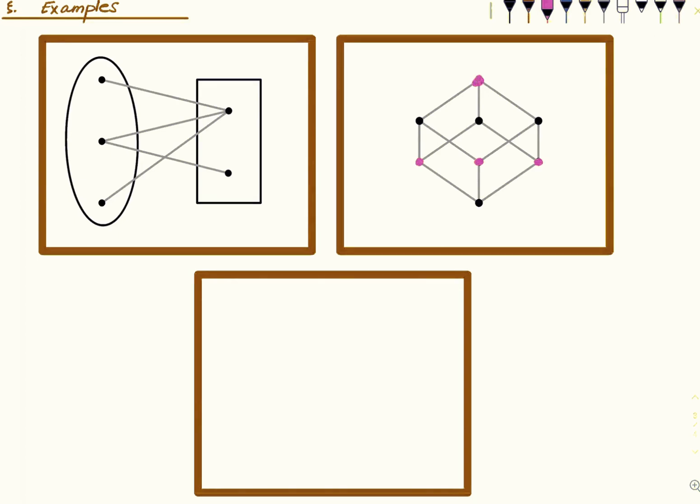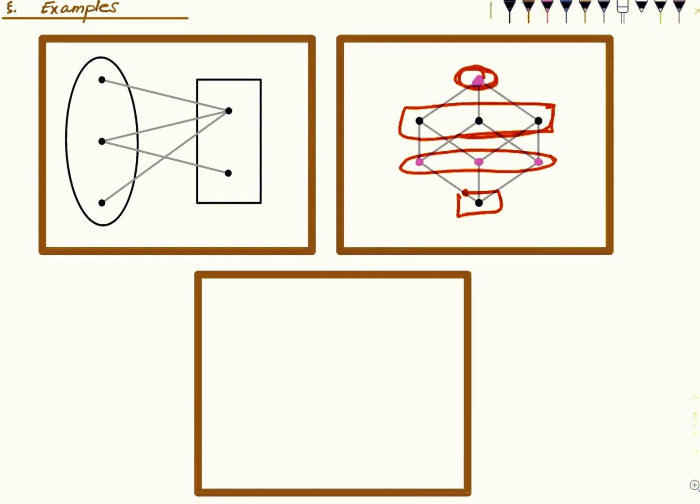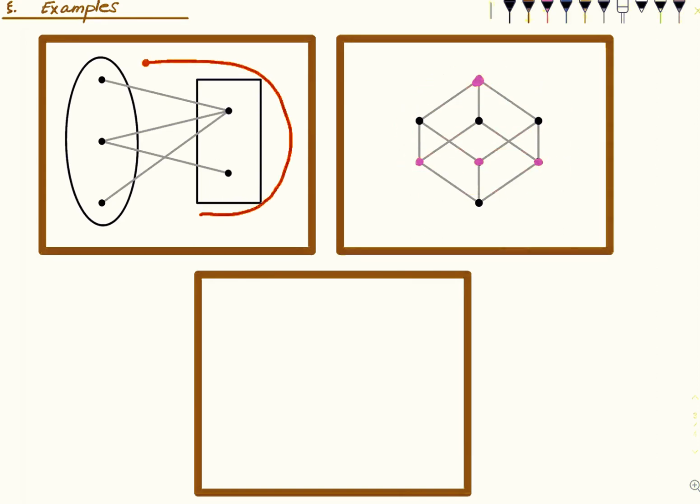Now this set of pink vertices does not have any edges within itself. Every edge that you see coming out of a pink vertex is going to a white vertex. And same for the white vertices. There is no edge between white vertices. Every edge that comes out of a white vertex lands on a pink vertex. So the pink vertices together and the white vertices together form a bipartition of this graph, and hence this graph is also bipartite, even though it wasn't drawn explicitly so.